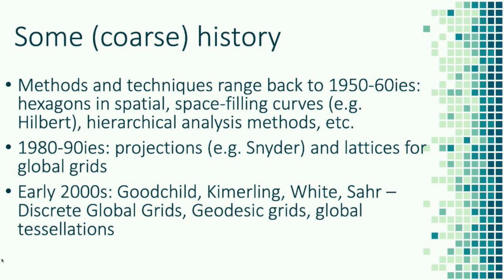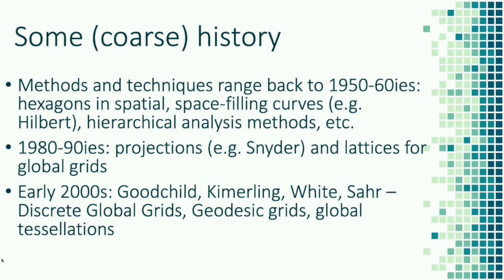The first mentions in literature of hexagons used in geospatial space filling curves, like Hilbert, are around the 1960s, and also hierarchical analysis methods. Then we have another period, the 1980s and 1990s, with the projections used to project these cells onto the sphere.